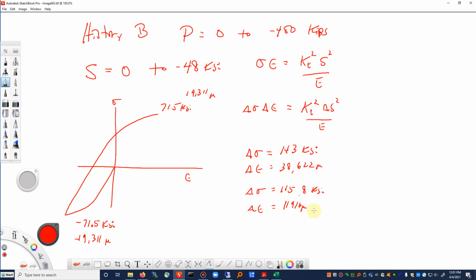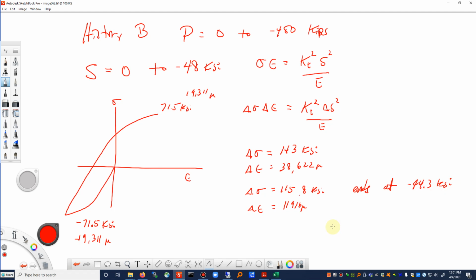All right, so this is a decrease in load. So now I'm at 71.5 and I take away 115.8. I end up at a minus 44.3 KSI.